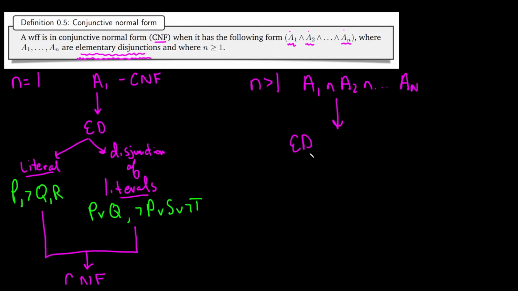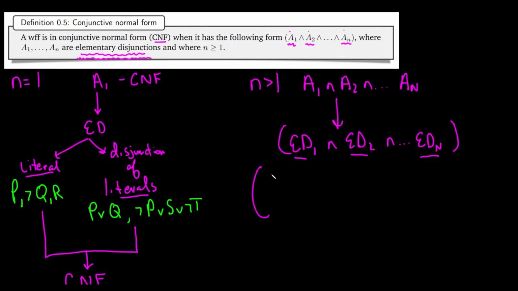So if we had a conjunction where we have elementary disjunction 1 and elementary disjunction 2 and all the way up to elementary disjunction n, so provided each one of the conjuncts, each one of these subformulas here, are elementary disjunctions, then it would be in conjunctive normal form.